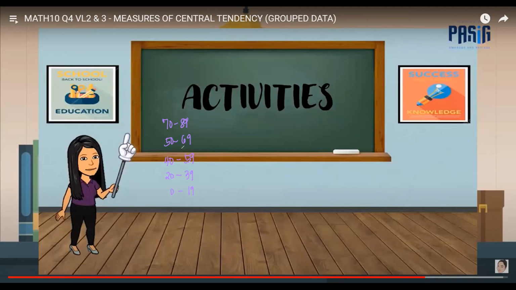Parang may mali ako sa pagbar-bracketing ko. This is 49 dapat. Yan. Right? So 89 minus 20, 69 minus 20, 49 minus 20, 29. So this is 30.